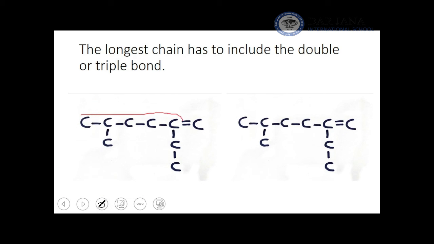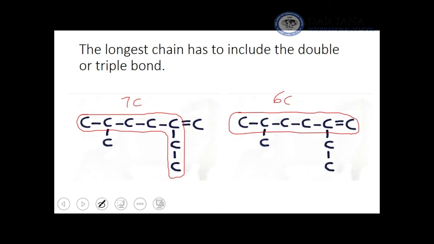This hydrocarbon chain contains 1, 2, 3, 4, 5, 6, 7 carbon atoms, while this chain contains 6 carbon atoms. Which one do I have to take? For sure I will take this one, the 6 carbon atoms chain.